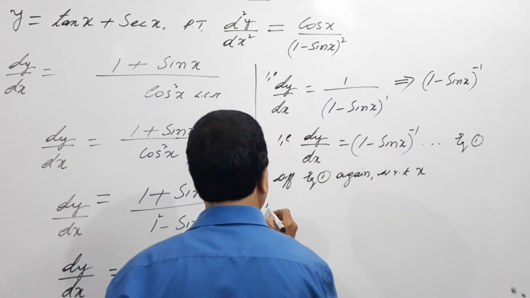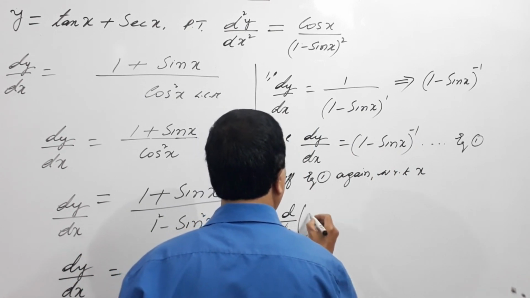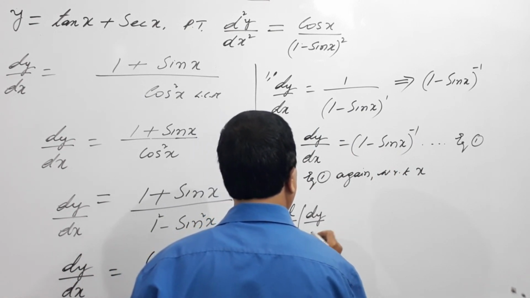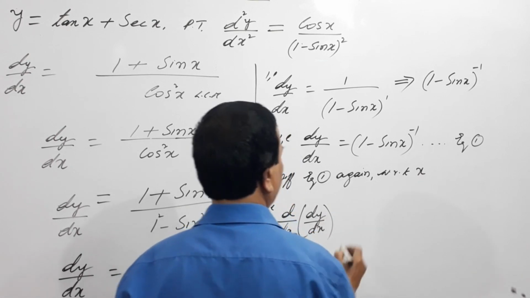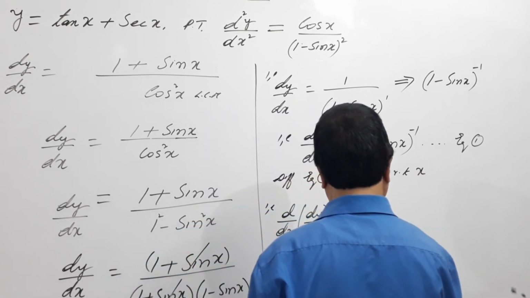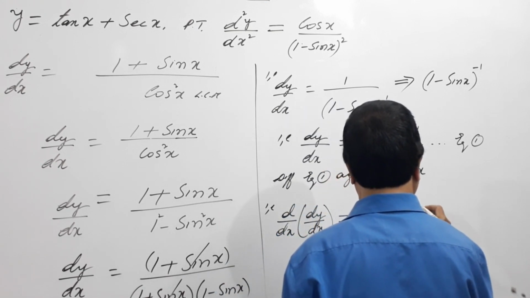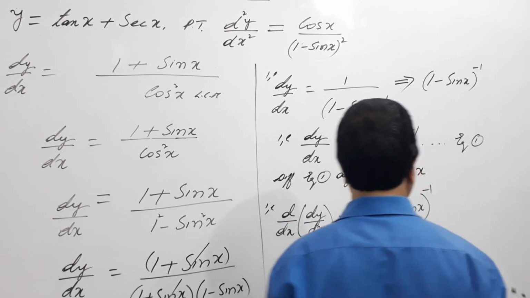What happens? That is d by dx of dy by dx equals d by dx of 1 minus sin x to the power of minus 1.